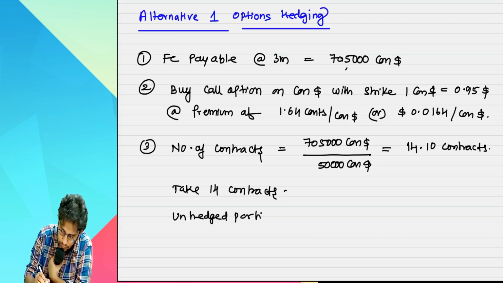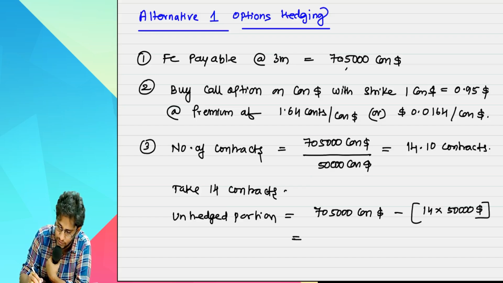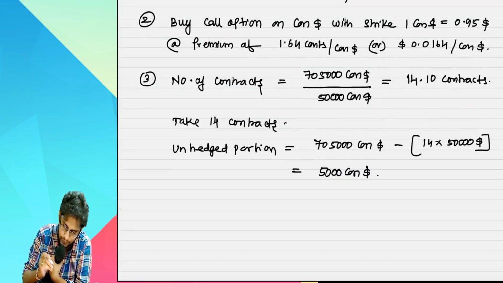Unhedged portion is equal to total FC payable, 7 lakh 5,000 CAN dollars, minus 14 contracts into $50,000, so you will be hedging only for 7 lakhs. So 5,000 CAN dollars unhedged.